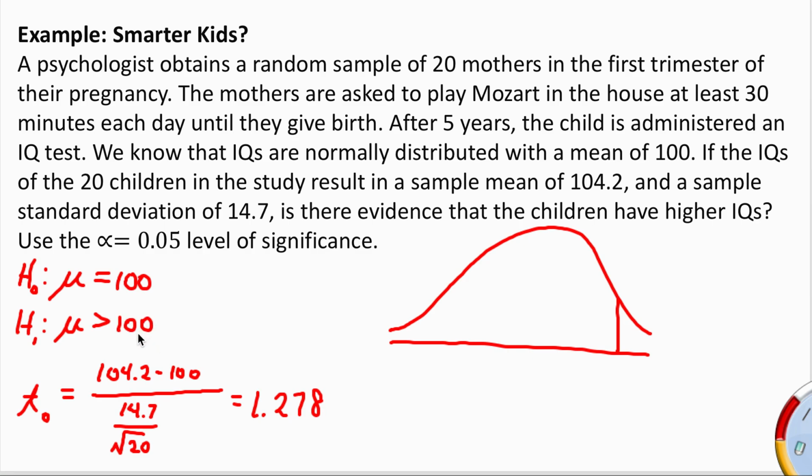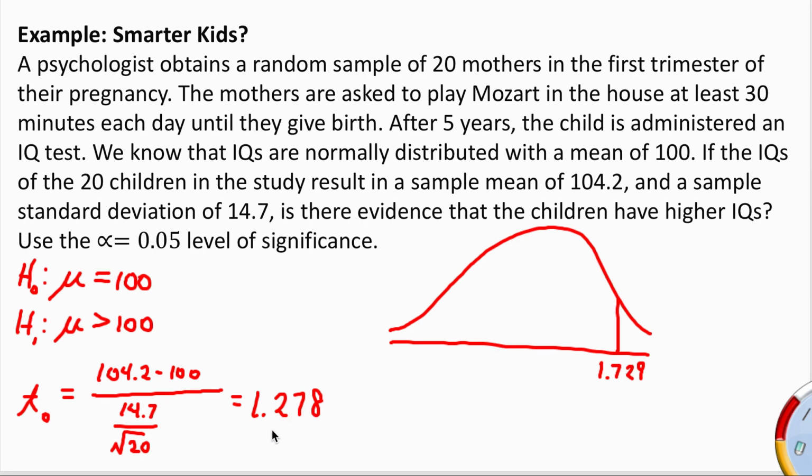So when I look at the t-value at 19 degrees of freedom and go over to 0.05, that intersection is at 1.729. So this is 1.729, our critical value.